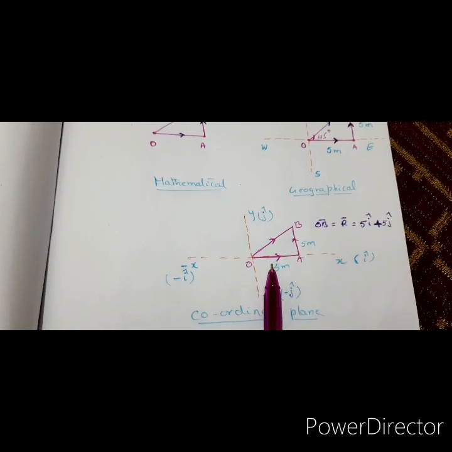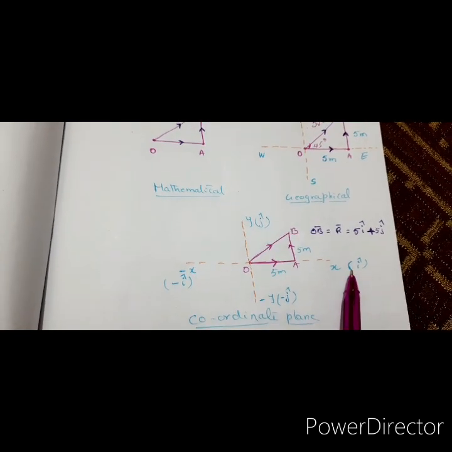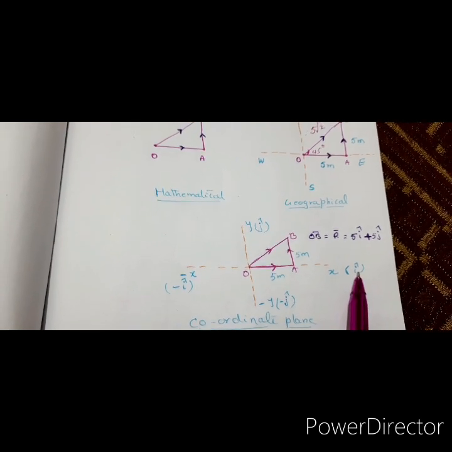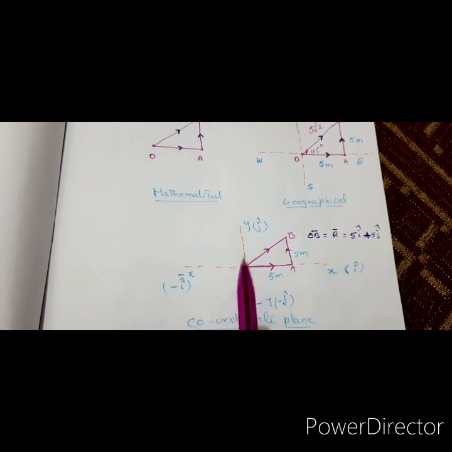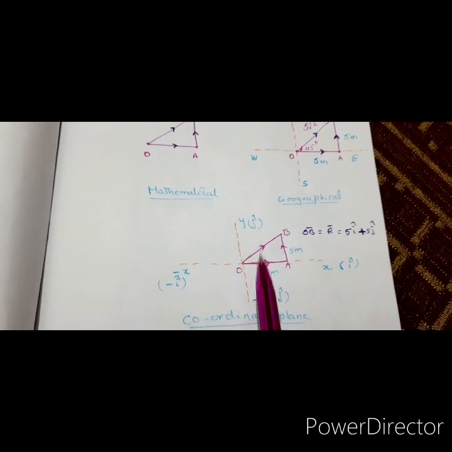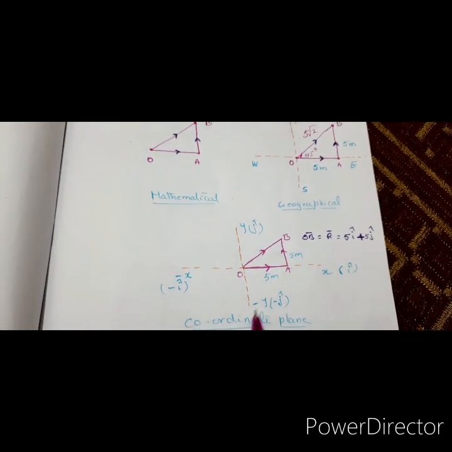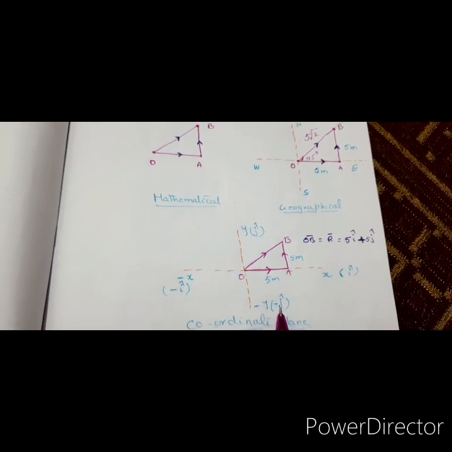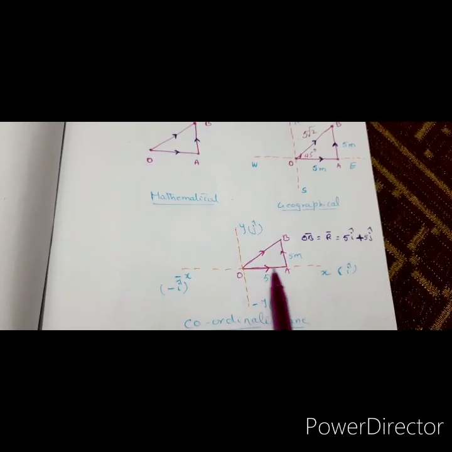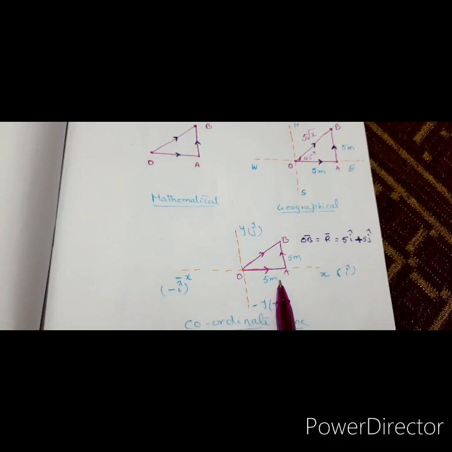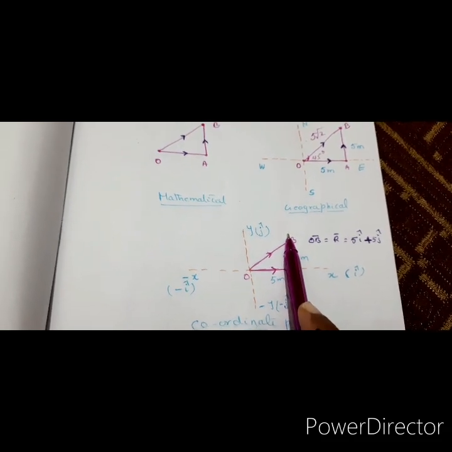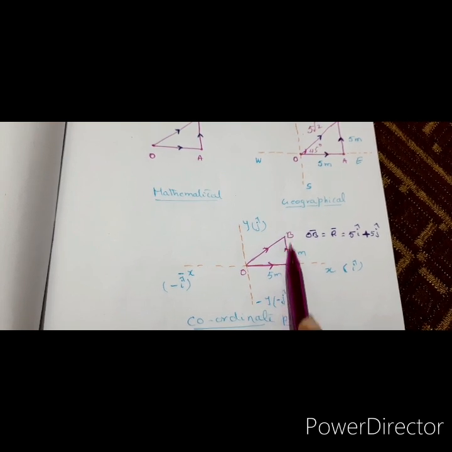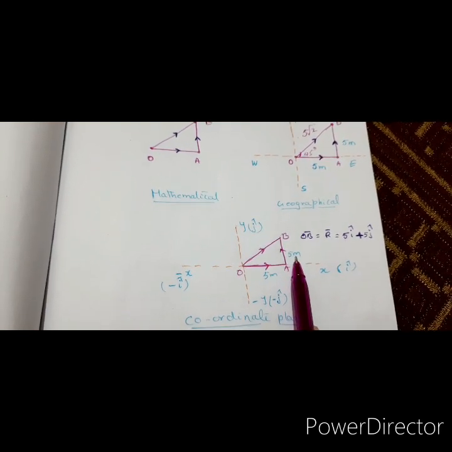You have the unit vectors along x as i cap and negative x as minus i cap, and along positive y it is plus j cap, and along negative y it is minus j cap. So along positive x direction, 5 meters of displacement. Now change in the direction. It's moving along positive y direction, and the displacement here is 5 meters.